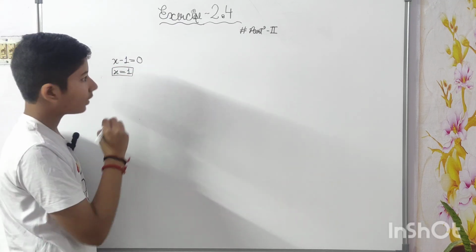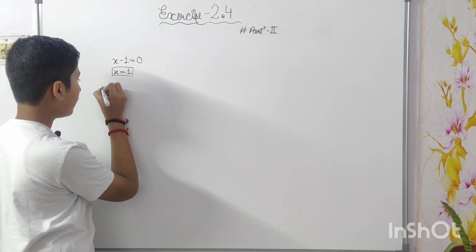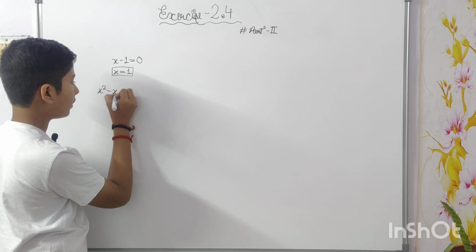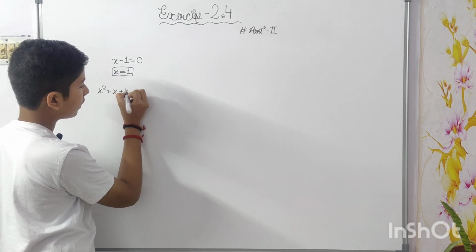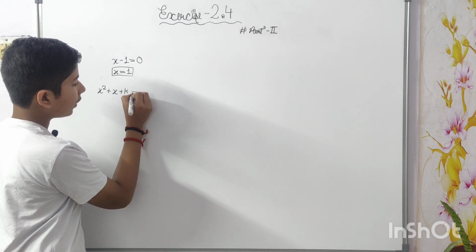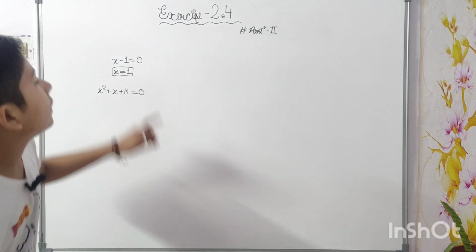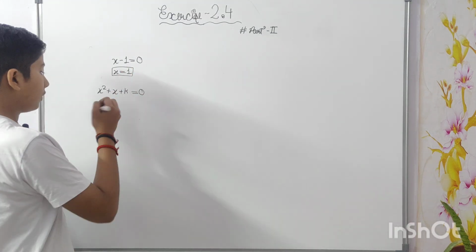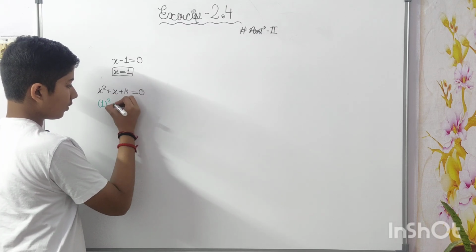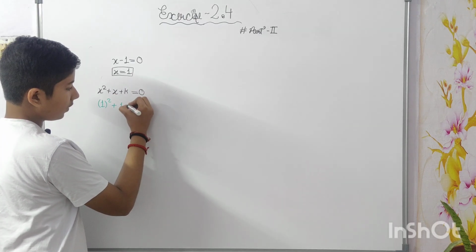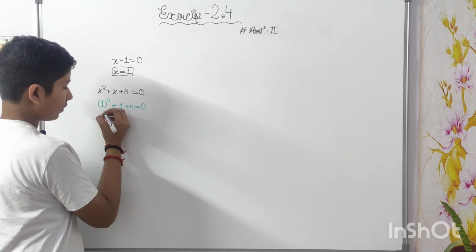Now if x square plus x plus k, here it will also be 0, because we know that they are factors. This is a factor of this. So x square is 1 square plus 1 plus k equal to 0.